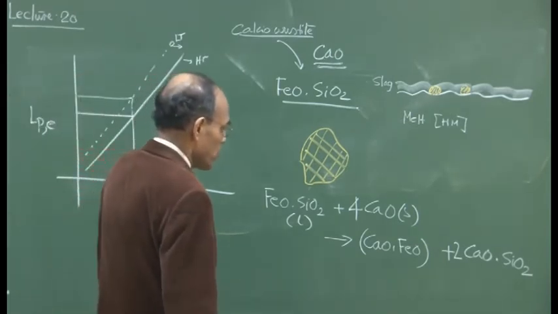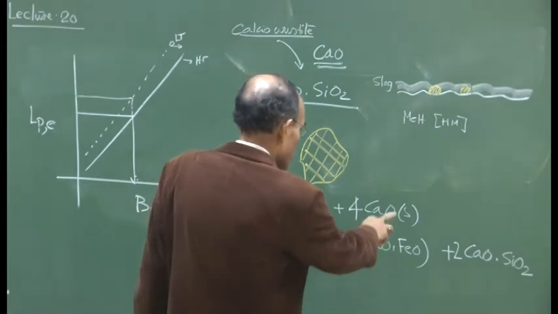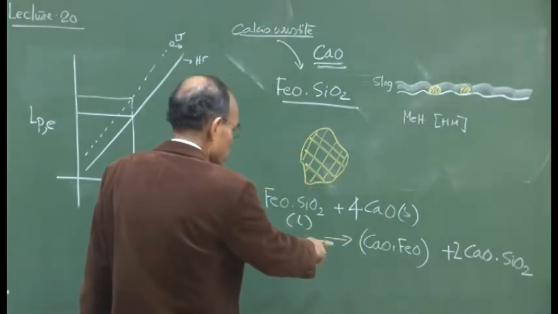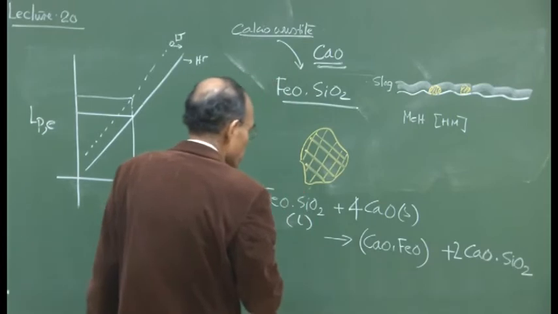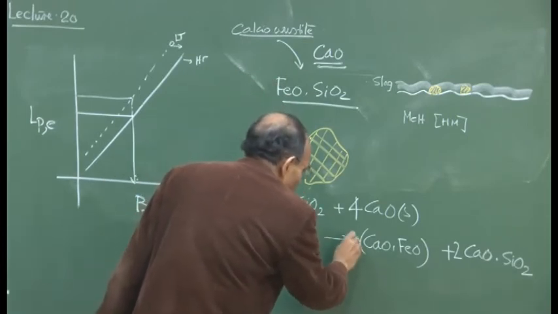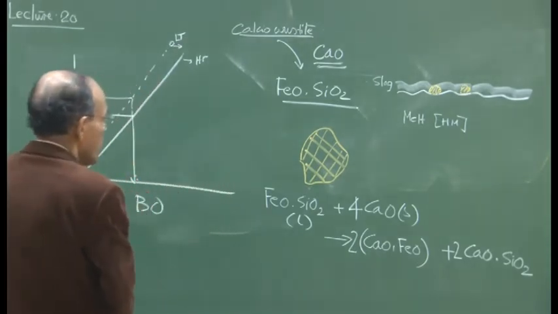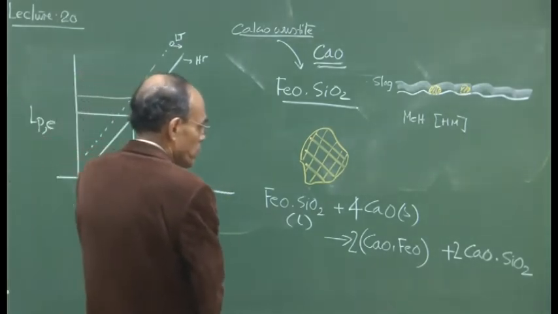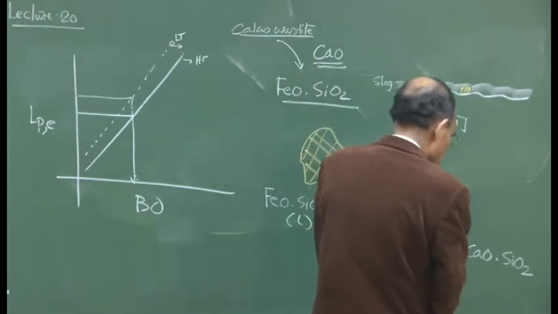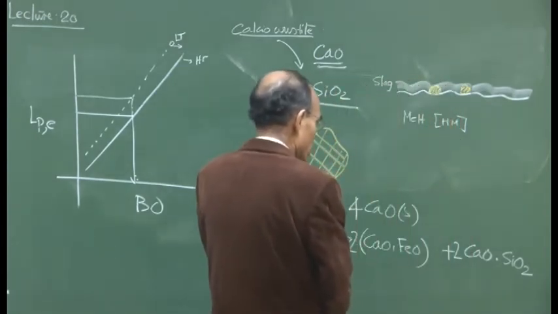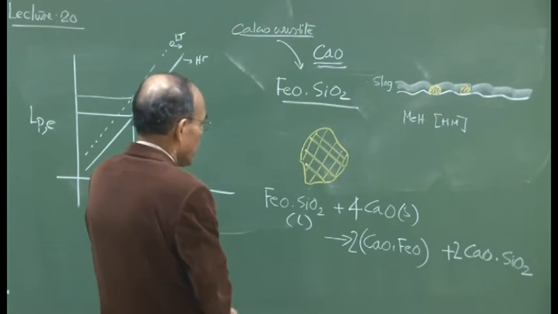So, we have calcium oxide. So, we have 2 calcium oxide and 2 silicates. So, we can balance it also, there is no problem. 2 calcium oxide, 2 FeO. Ca2SiO3. So, that is what it is. Yeah, that is fine.